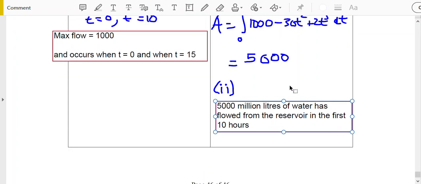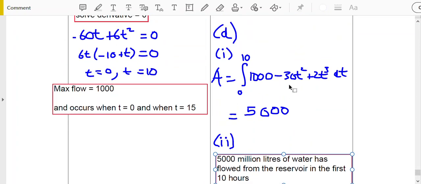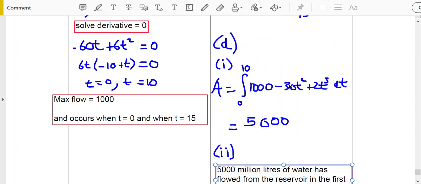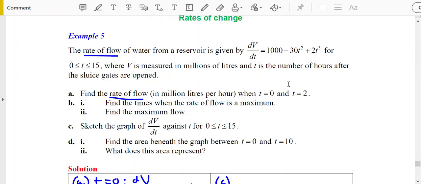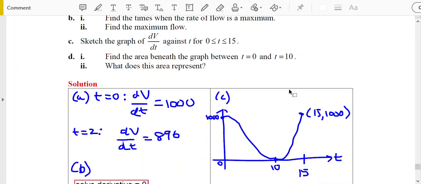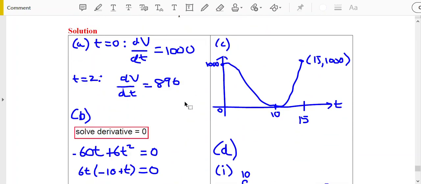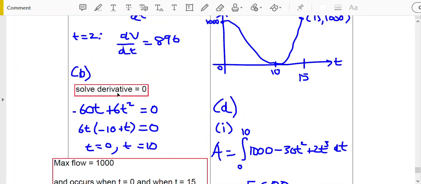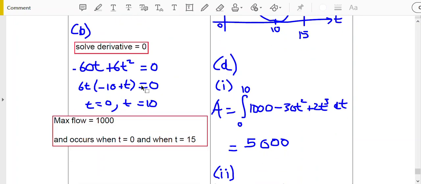So this is an example of a rates of change problem. It does involve some of the classic skills you've already learned, which is finding a derivative and making it equal to 0 to find a minimum or maximum, but also interpreting the numbers and checking which ones are relevant, which ones are the maximums.